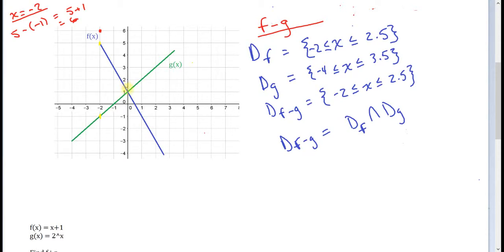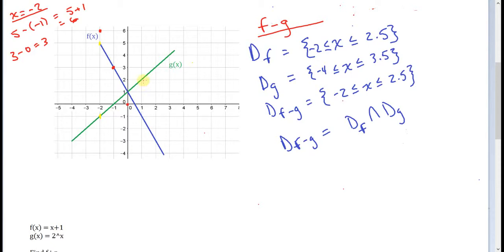Okay, so let's do x equals negative 1. So we have a y value 3 for f, and we're doing f minus g, so now we're subtracting a y value of 0. 3 minus 0 is equal to 3. Okay. In this case, we have 1 minus 1. f is equal to 1, g is equal to 1, and we end up with 0.